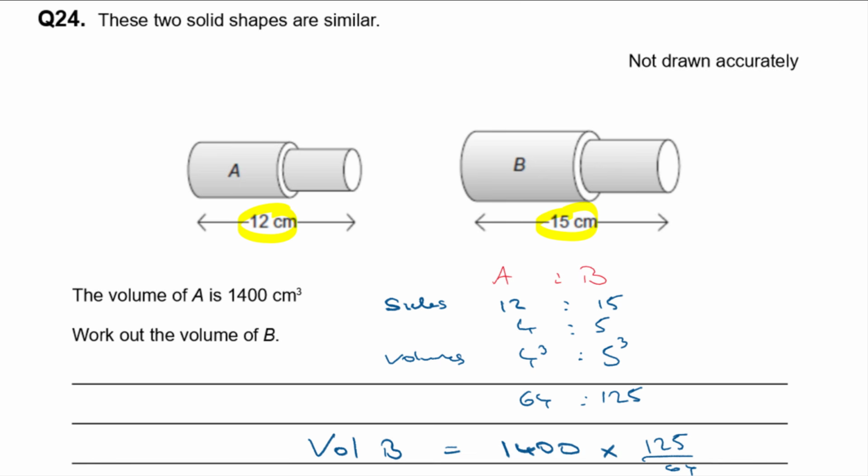I was hoping it would come out to a nice number. It's not quite a nice number. What's that then? Done it right? I think so. I'll make that 2734 and change. Just going to round it off. Okay, hoping that's right.